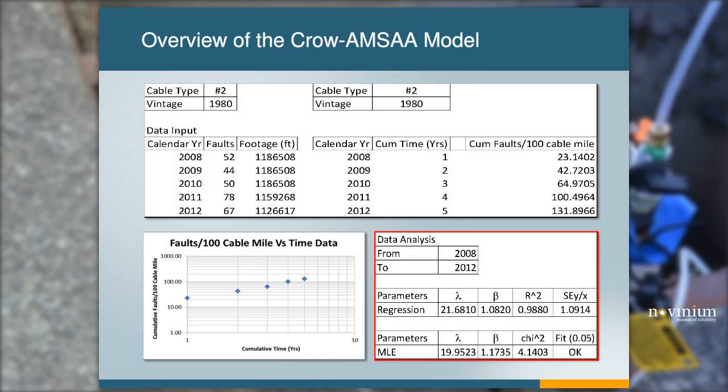If you use the maximum likelihood estimate, you need to be aware that for the Crow-AMSAA model there are several formulations for that estimate, and we use the estimate based upon grouped data because that's how we're essentially analyzing our information. We're grouping all the faults and the footage annually, so that's how we analyze the data.